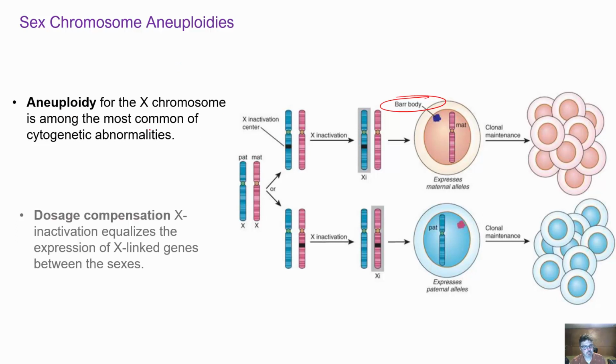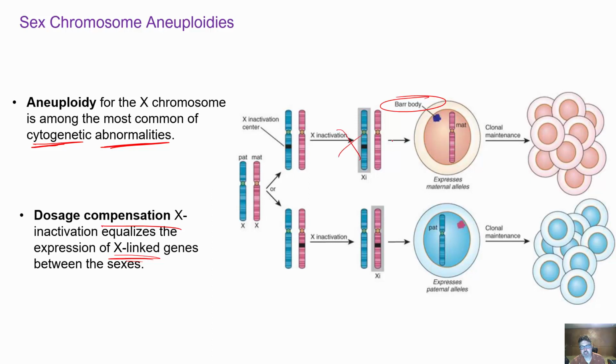Aneuploidies for the X chromosome are among the most common cytogenetic abnormalities. So very, very common, and you're going to see it's dosage dependent. X inactivation equalizes the expression of the X-linked genes between the two sexes. For example, here you can see two different cell lines, it could be the same individual.